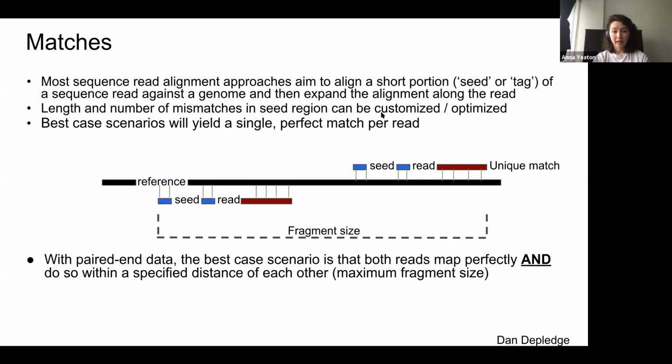So here I'm showing a best case scenario. I'm showing these green lines as indications of alignments, and here we're having paired end reads, and we can see that the paired end reads are about the fragment length size. So that is good.